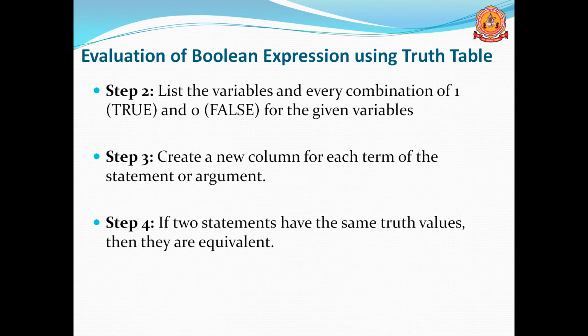Then create a new column for each term of the statement or argument. Once the input variables are over, next you have to create a new column for the new term. For any new term, you have to create a new column.